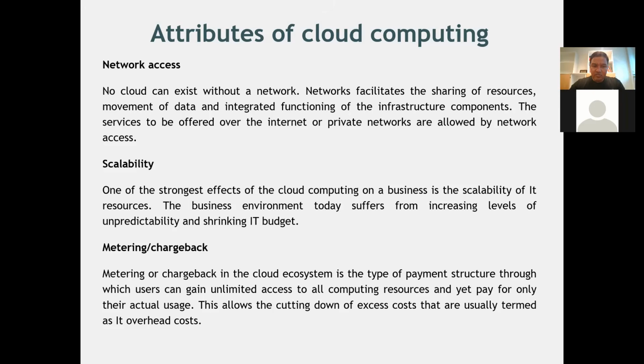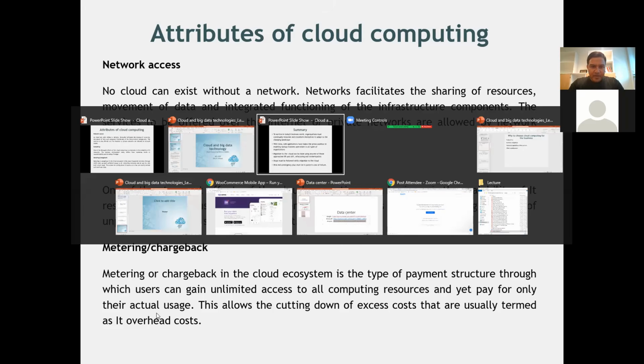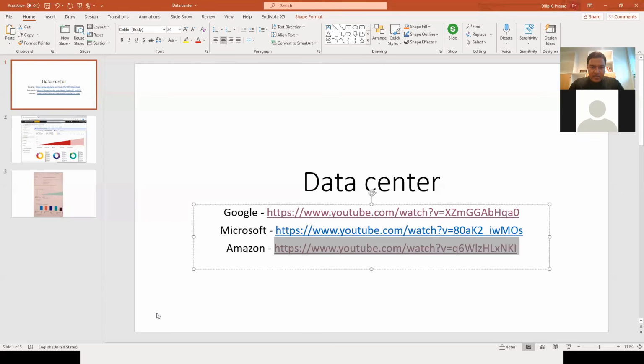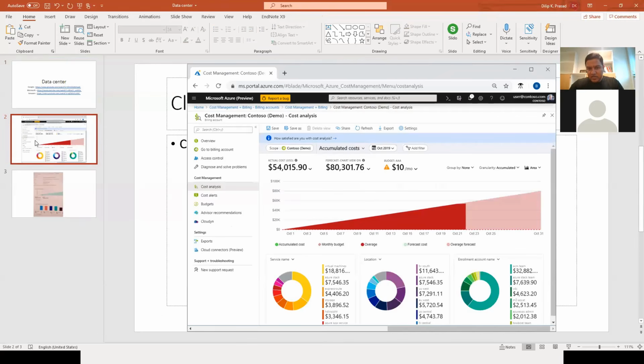Cloud is basically on metering services, a pay as you go model or pay per second model. So metering and chargeback is a part of the cloud ecosystem. It helps cut down the cost if we really manage the cloud well. For example, here is one example.